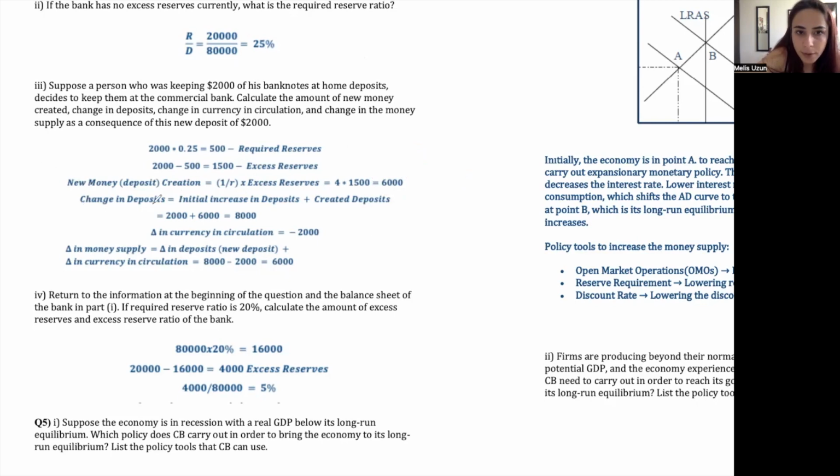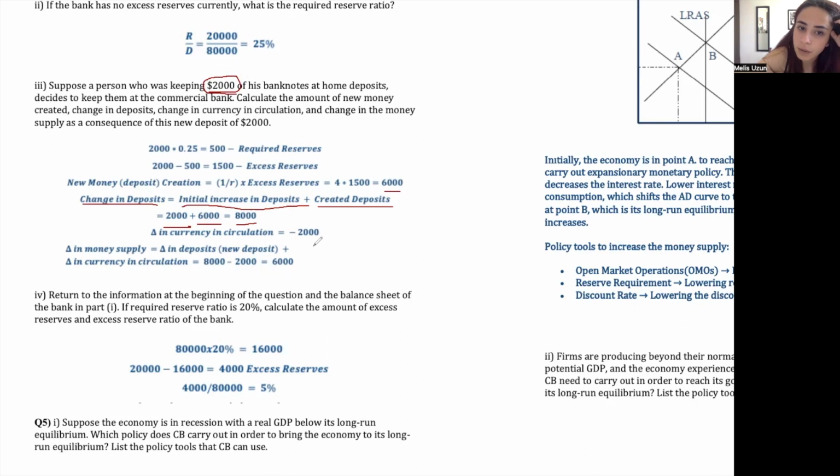So change in deposits, it is the initial increase in deposits, which is 2,000, because he wants to keep his 2,000 at the commercial bank, and created deposit, which is 6,000. If we sum them up, we will find it is 8,000 change in deposits.